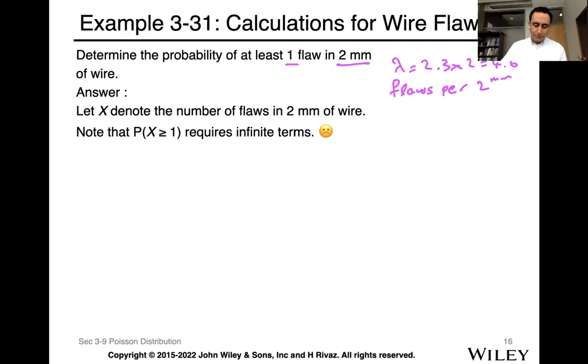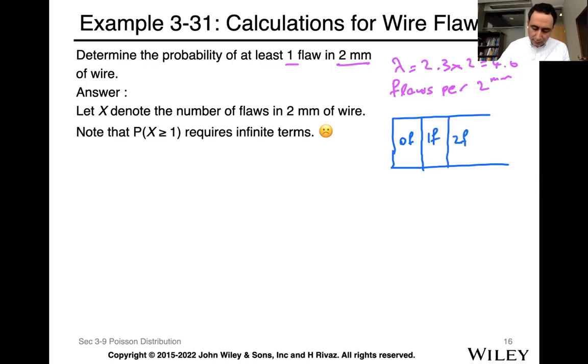So the number of flaws that I can have, if this is my entire set, I can have 0 flaw, or 1 flaw, or 2 flaws, all the way to infinite flaws. Well, I can't have infinite flaws, so all the way to a very large number of flaws.